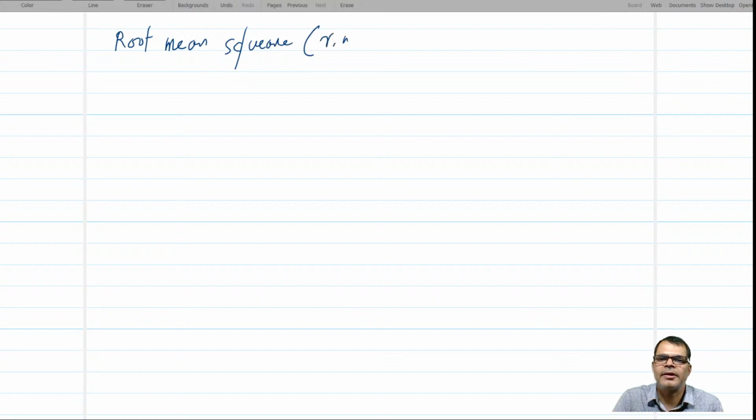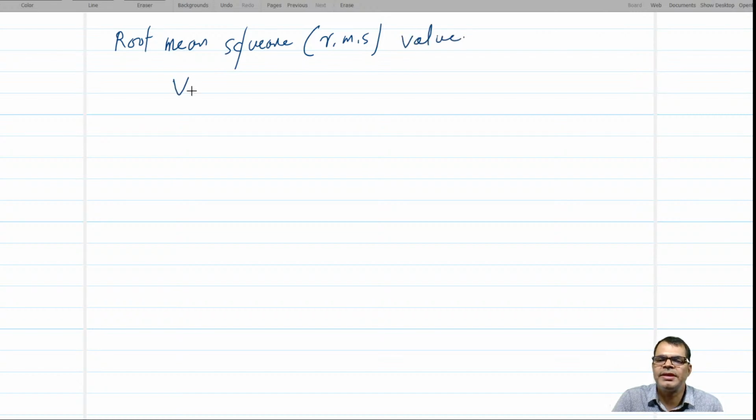Now come to the RMS value, effective value or heating value. So RMS, hopefully you know, is root mean square value.